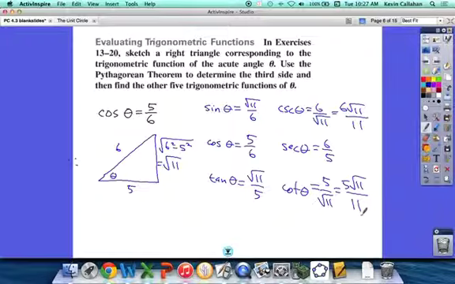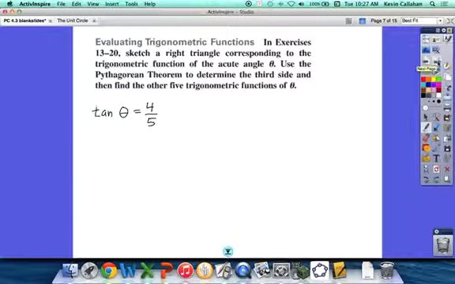Okay, next one. Okay. So again, if you get a problem like this, what do you have to do first? Draw the triangle, right? There's my theta. If tangent is 4/5, then that would be opposite over adjacent, 4 over 5.